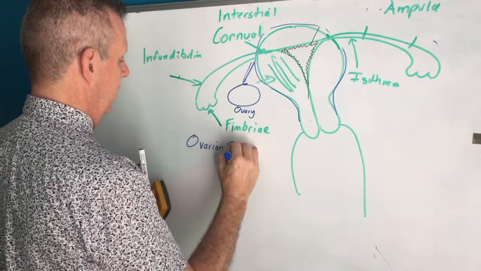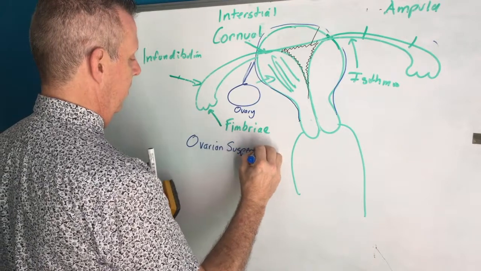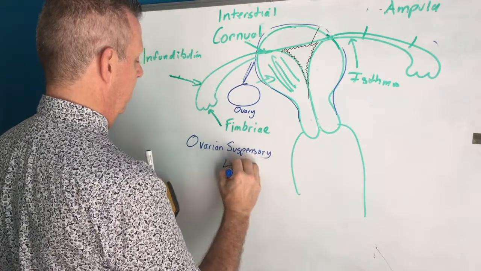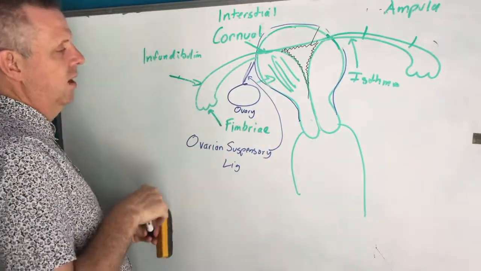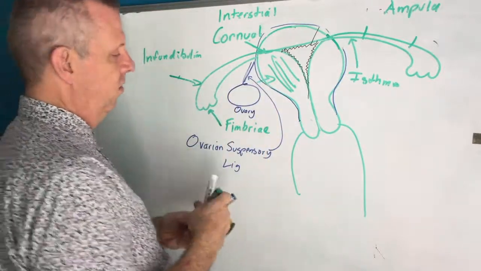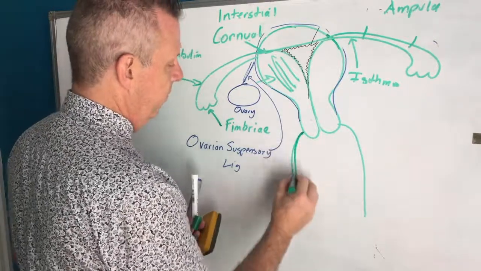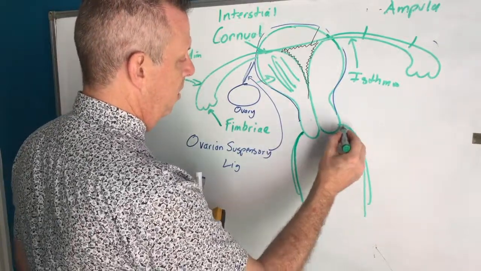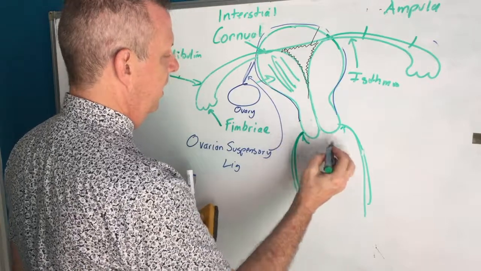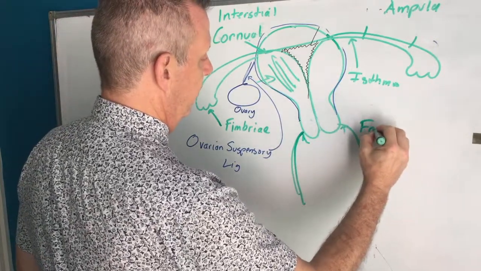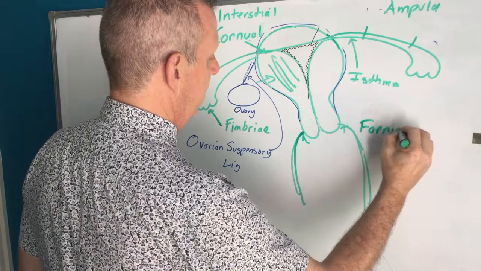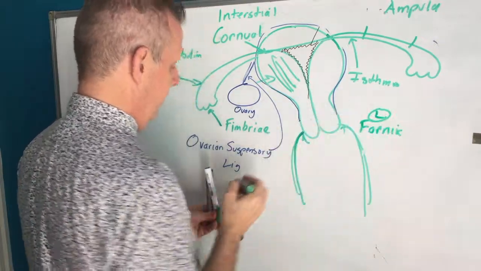Ovarian suspensory ligament. Now, in this here is the vagina, and there are these little pockets right here on there. That's the left and the right side, and it's called a fornix. So that would be the left fornix on that one there.